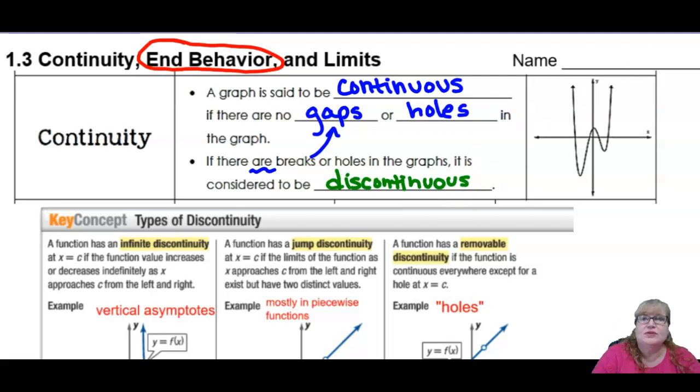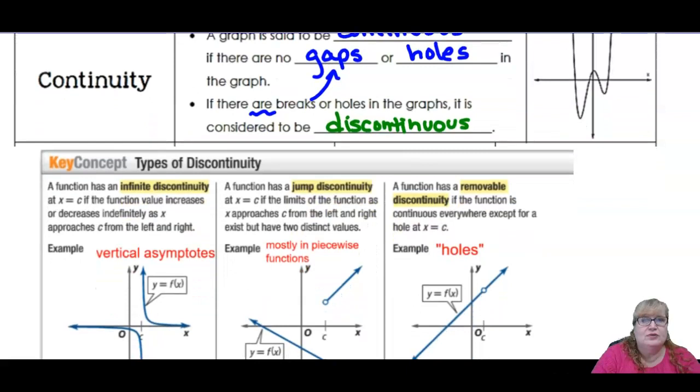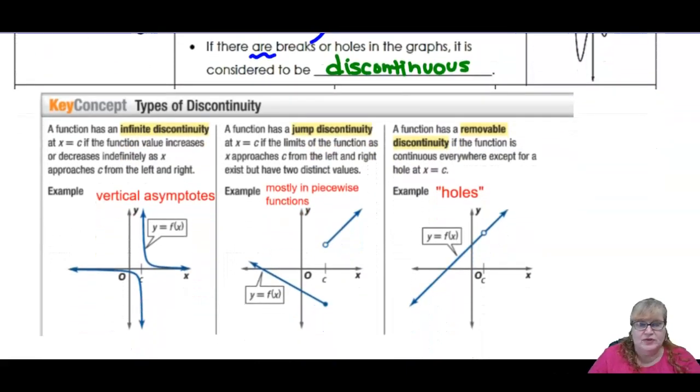So there are three types of discontinuities that you will see eventually. If the graph has a vertical asymptote somewhere, then it has an infinite discontinuity. In other words, it's discontinuous all the way up and down this line here. It is a complete break from left to right.